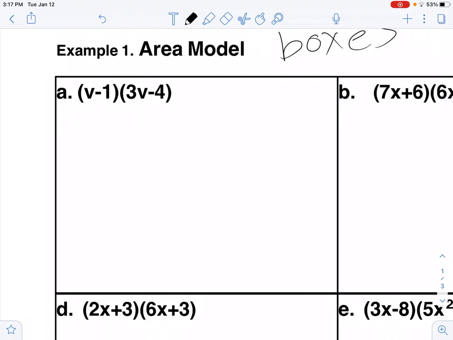So the first one is the area model, which means I have 2 terms. So I'm going to give myself 2 terms here. I have v and I have negative 1.